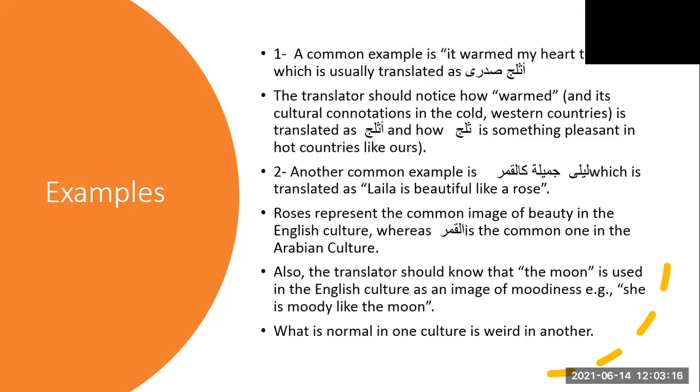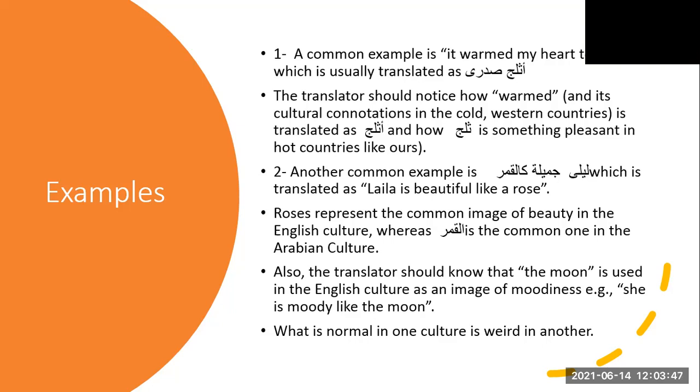Another example, we say in Arabic, ليلى جميلة, دي زي القمر. Now, if you translate that into English, you say Layla is beautiful like a rose, مش القمر. Because the moon in English is related to moodiness, تقلبات المزاج.